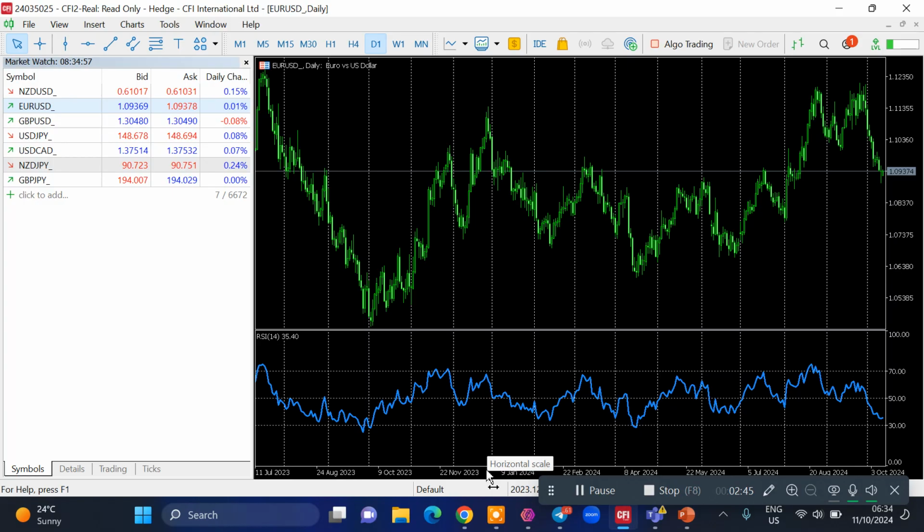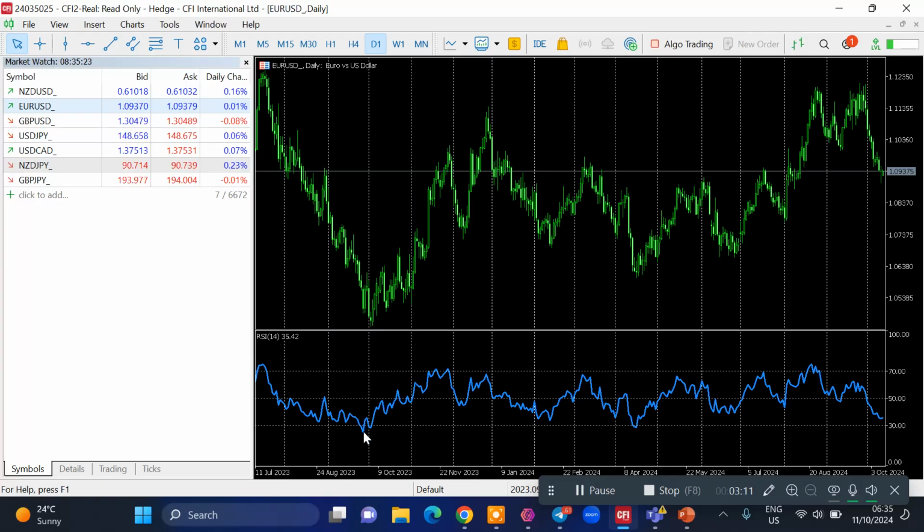Now, when you are creating your own trading strategy, we will discuss confluence of factors. You cannot just say, as soon as this touches the oversold region, I will start buying, and as soon as it touches the overbought region, I will start selling. When we discuss creating a trading strategy, we will discuss details about confluence of factors.